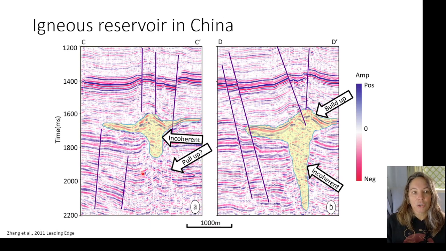And so you get this feature called pull-up. Later on when we talk about hydrocarbons, you'll also see a push-down effect, and that's because traveling through gas clouds, you have a lower velocity and it takes longer relative to the sediments around it. So you often get a push-down effect in the presence of hydrocarbons.